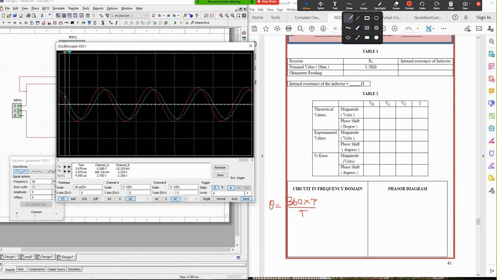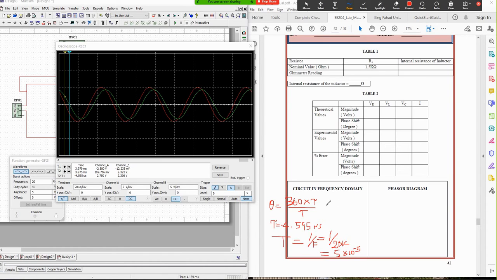So our time shift, which is tau, is minus 4.595 microseconds, and the period can be found using 1 over the frequency, and we know that the frequency is 20 kilohertz, so the period is 5 times 10 to the power of minus 5.